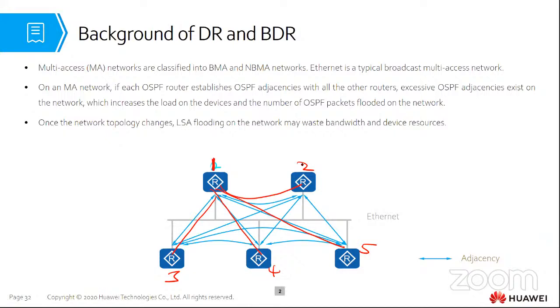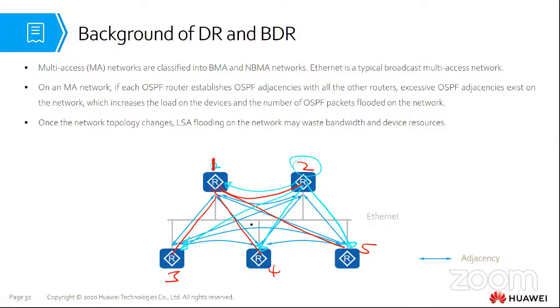In the same way, router 2 needs to exchange link state request, link state update, link state acknowledgement with router 1, with router 3, with router 4, and with router 5. Are we following? Yes.